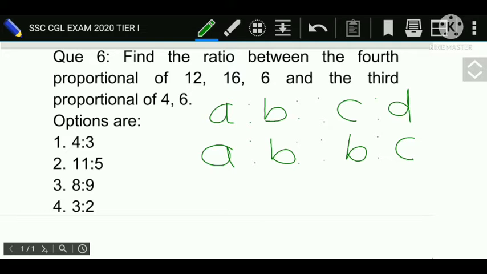So we will use this same formulation here.